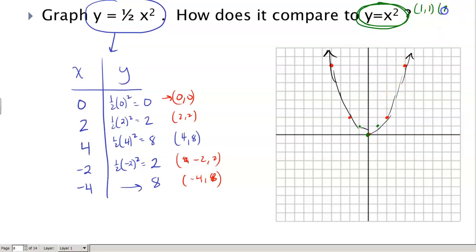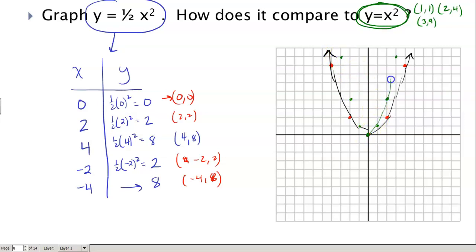If I were to plug in 2 for my x, I would get 4, so that would be higher than the other one. 2 would go to 4, up here. And if I were to plug in 3, well, 3 squared, of course, is 9. So if I plug in 3, I get 9. Now, because everything's symmetrical, I could just bring this over, basically, and I would have these points.